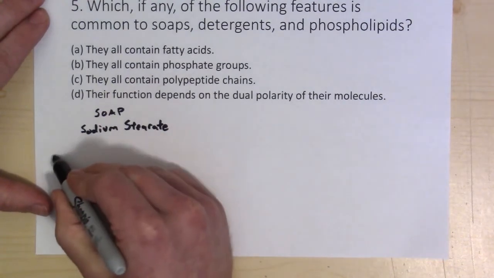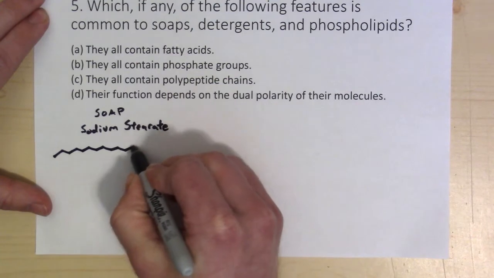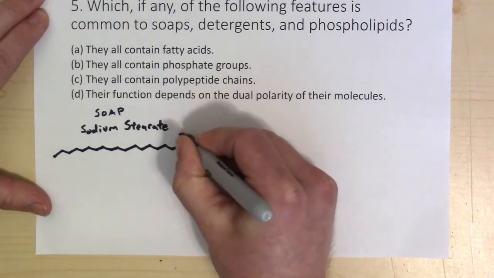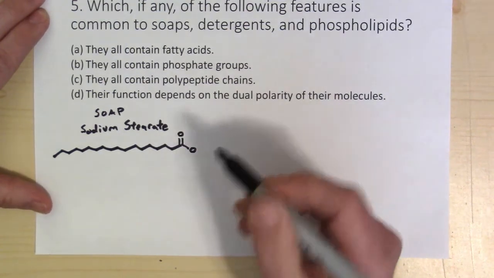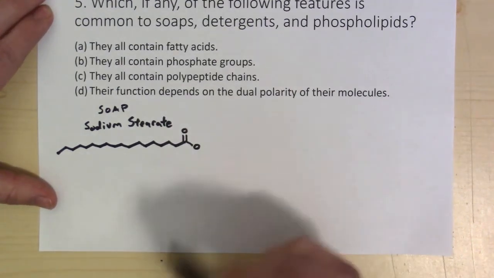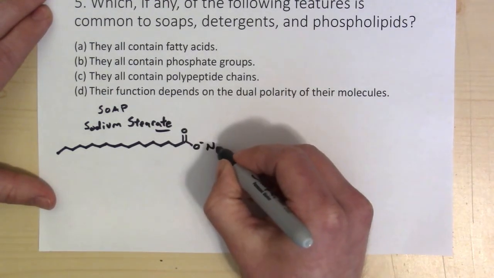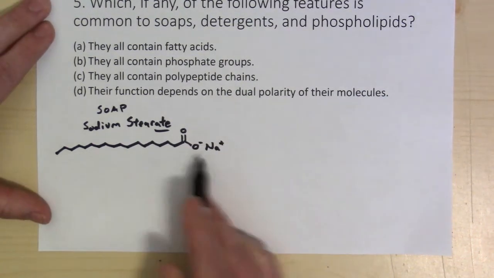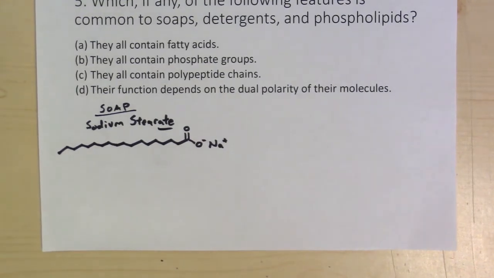So if we draw that out, 18 carbons with the carboxylate. So when you deprotonate the carboxylic acid, it becomes a carboxylate. So that is sodium stearate. So that is a common soap molecule.